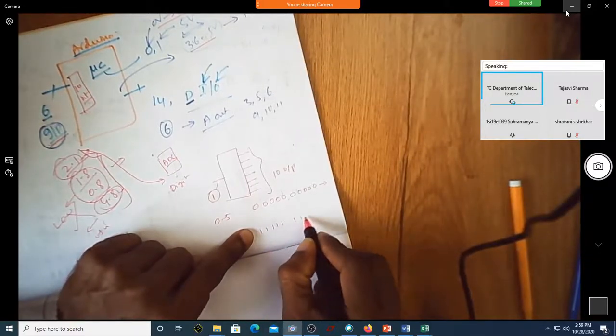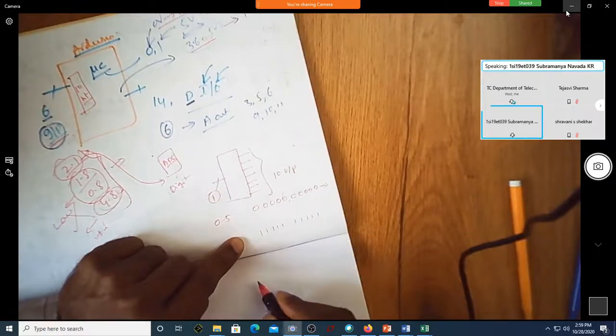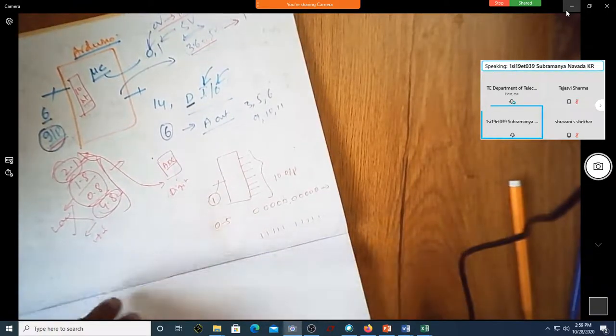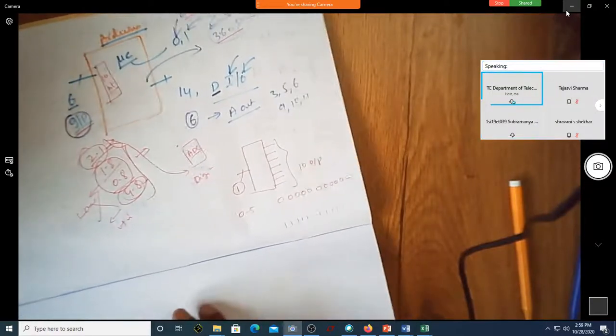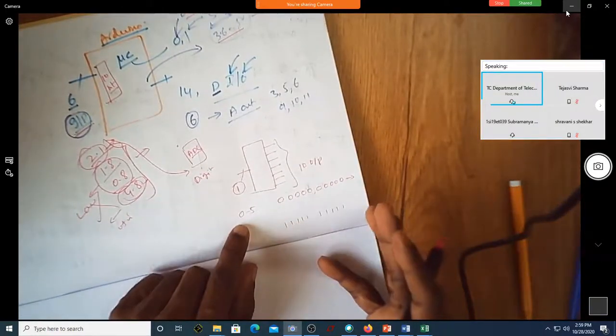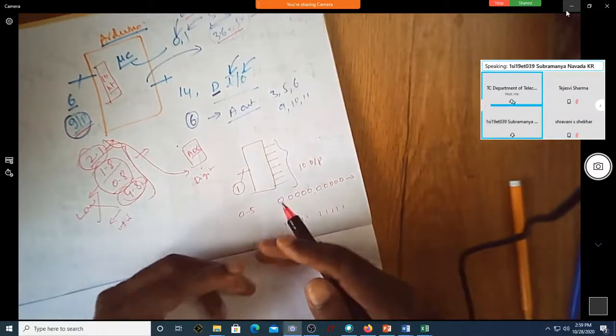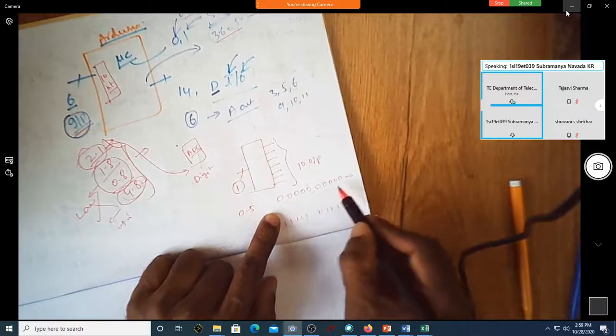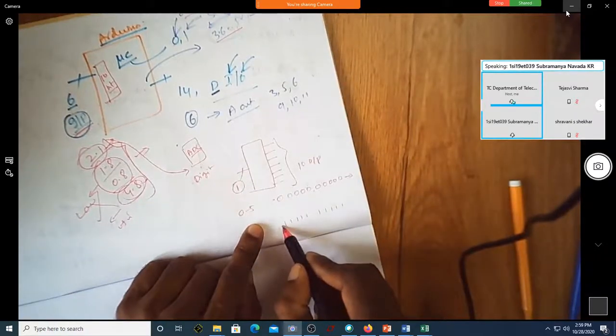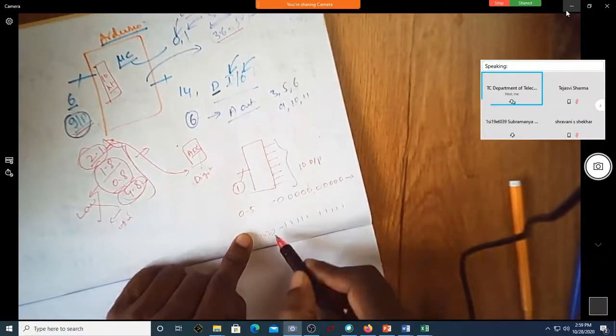Will it act like a decoder, sir? No, a decoder is something different. You can treat this as a decoder, but it is going to have precise values. This is 0 value. This is 1023.